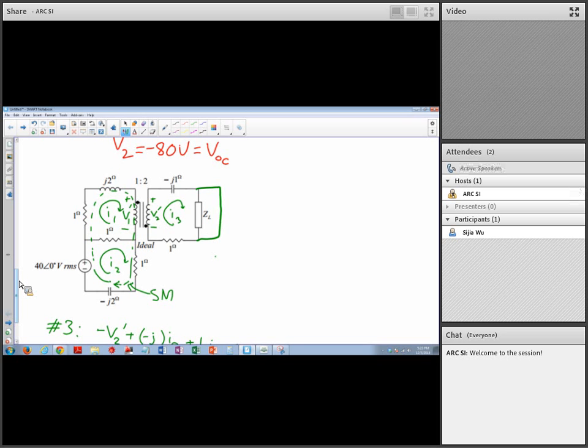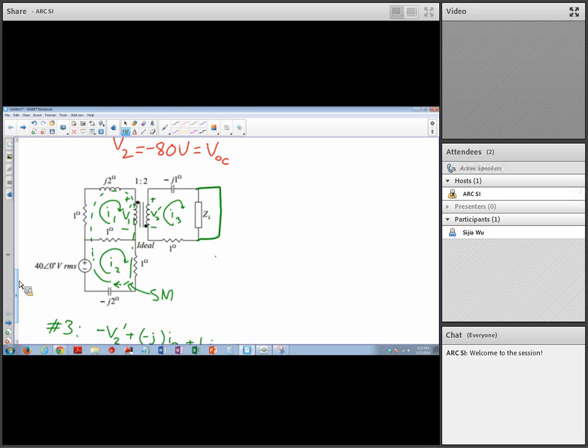Oh, well, once you have ZTH, right? And you know that this is going to be ZTH conjugate. And you already know the open circuit, which is VTH. You already know this part.